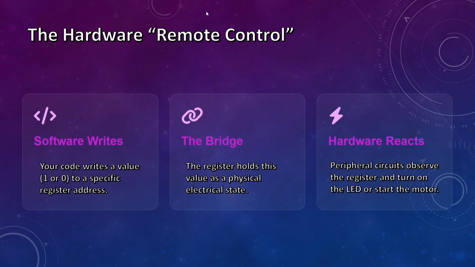The hardware reads the information from the register, and based on the value inside the register, the hardware will react. So, we can think of registers as control panels for hardware. Software changes the register, hardware responds. That's the fundamental idea.